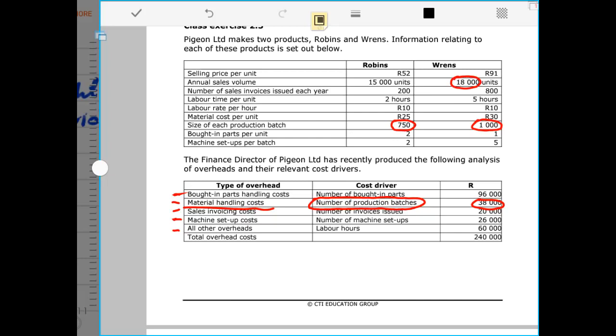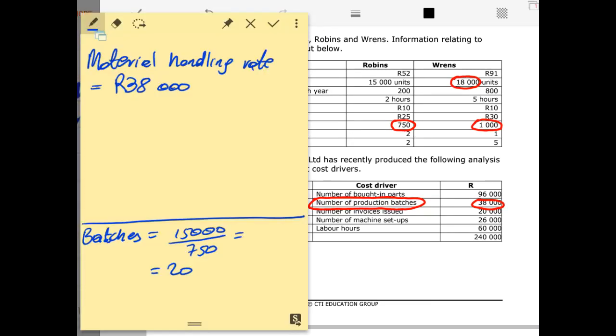So now let us once again calculate the batches. This is product Robin, and this is Ren. So now we take the number of units, 18,000, and we divide by 1000. That will give us 18.